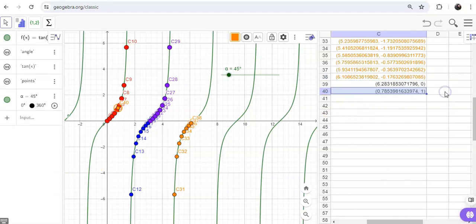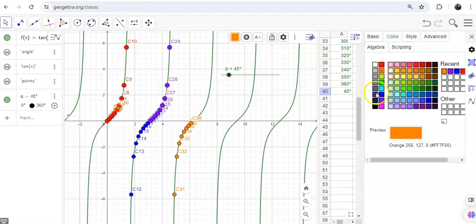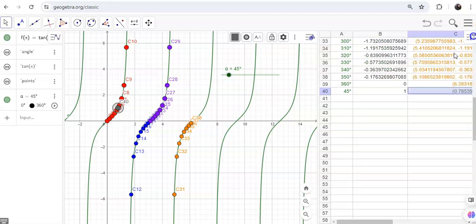Color this point black or gray. It's from 0 degrees, it moves up. So that would be the first quadrant points, and then second quadrant points, third quadrant points, and fourth quadrant points.